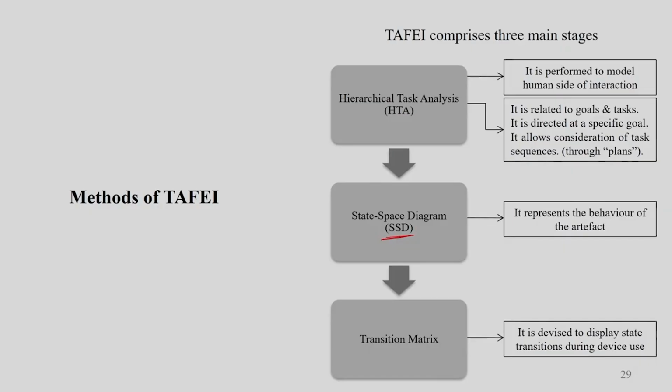So that state of the artifact we are trying to understand through the state space diagram. And the transition matrix is devised to display the state transitions during device use. Okay. So if I am using a particular device, what transitions are happening from one state to another? That matrix needs to be derived here.